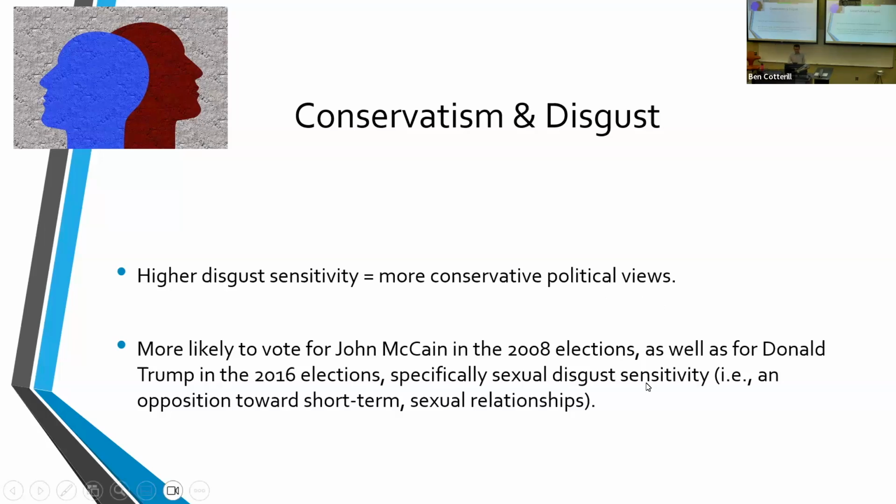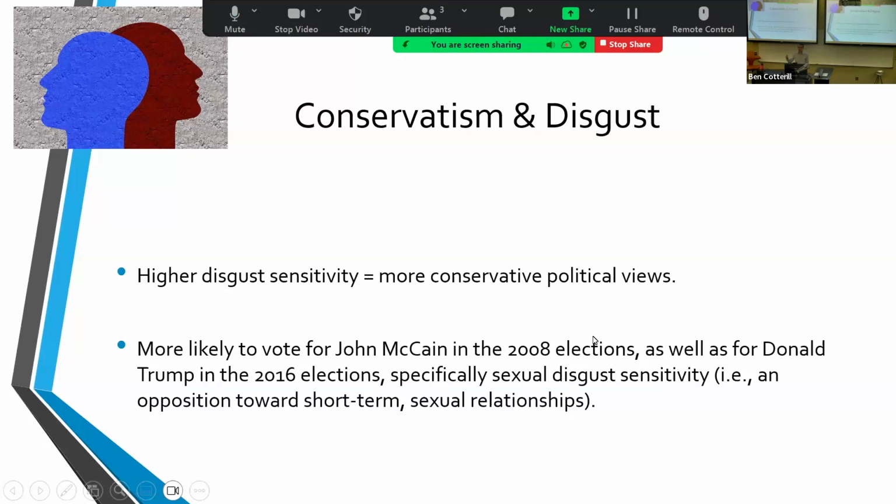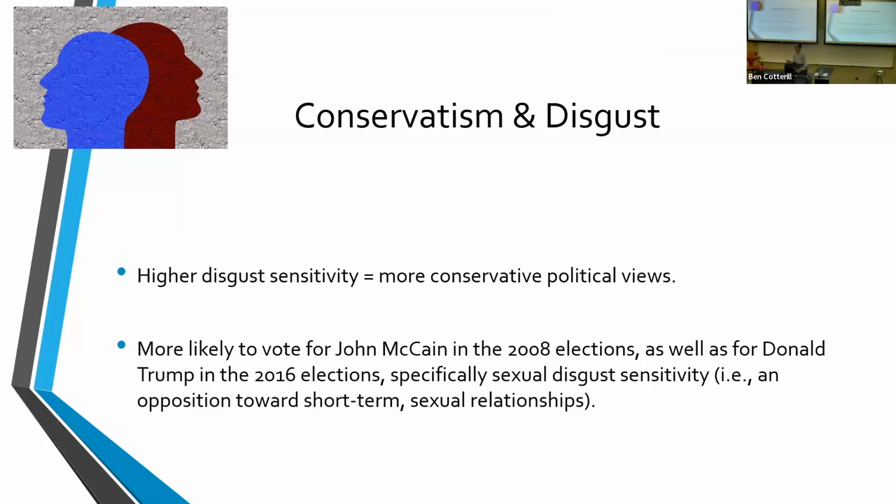Particularly in regards to sexual disgust sensitivity, which is a subscale of disgust sensitivity, which is kind of about opposition towards casual sex, short-term relationships. And it wasn't a small effect, okay? It was a large effect. With every point above average one was in disgust sensitivity, their odds of voting for Donald Trump increased by 20%, okay?